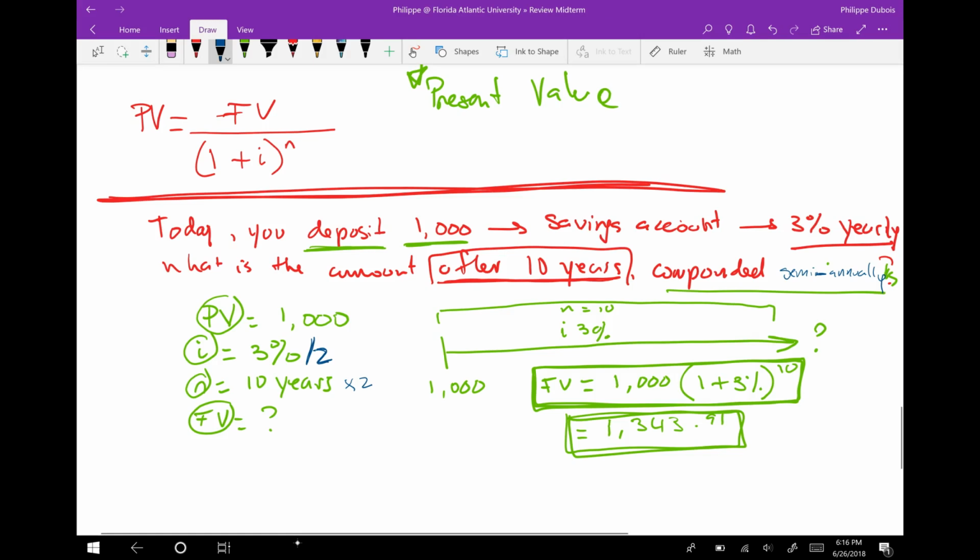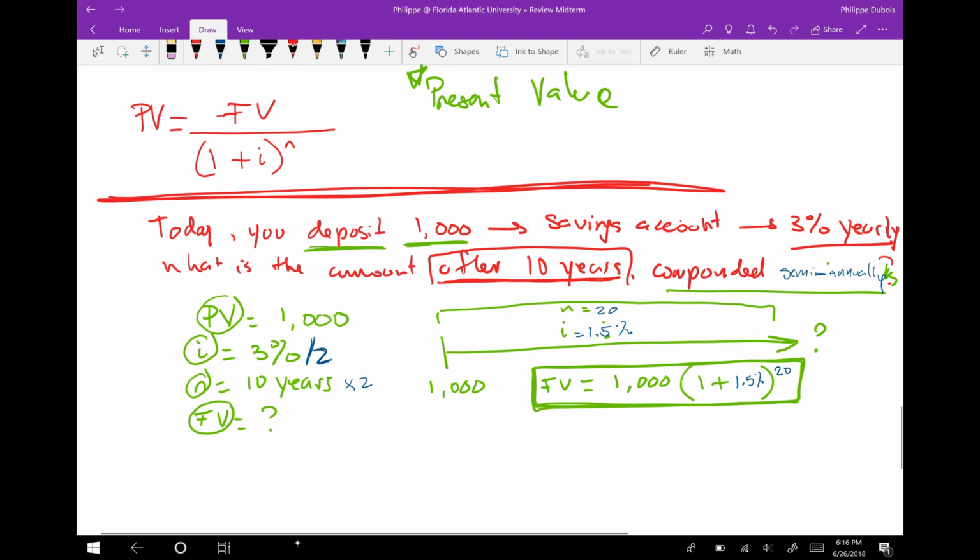So for this problem, my number of period will be 20. My interest will be 1.5%. This formula will now be 1 plus 1.5% to the 20th power, and that changes my answer.